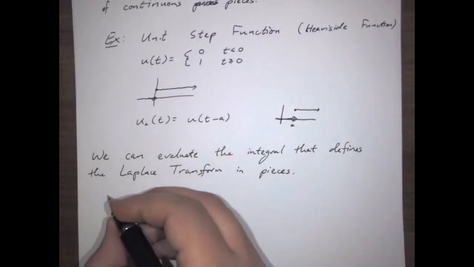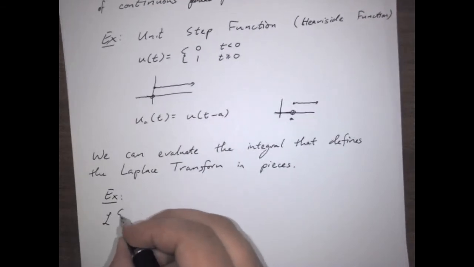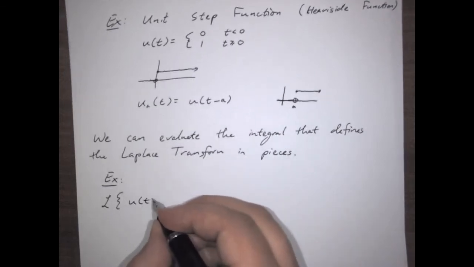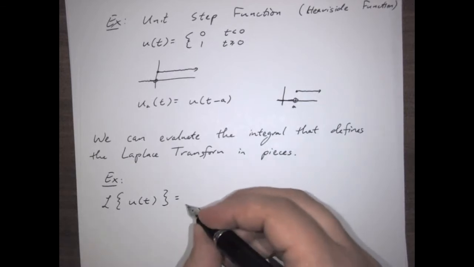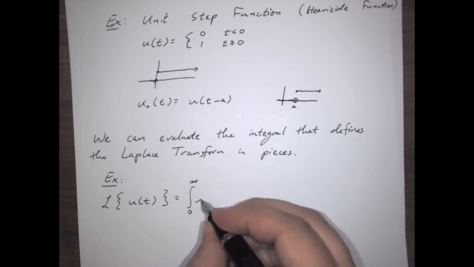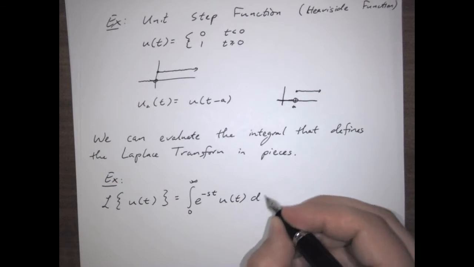So for example, let's say we wanted the Laplace transform of the unit step function u of t, unshifted. Then that'll equal the integral from 0 to infinity of e to the negative st u of t dt.